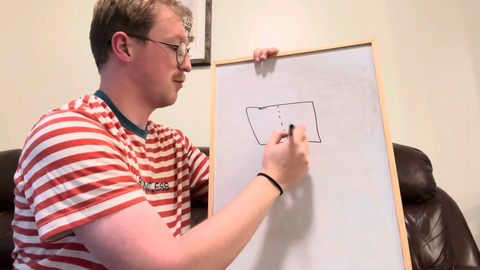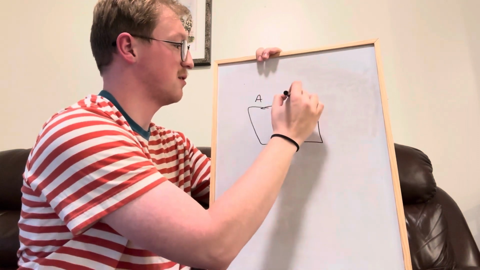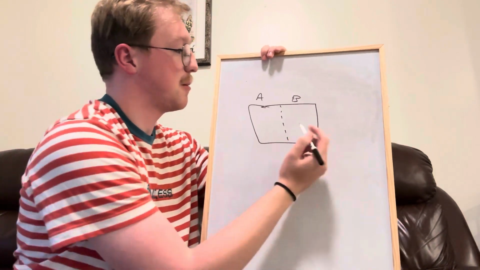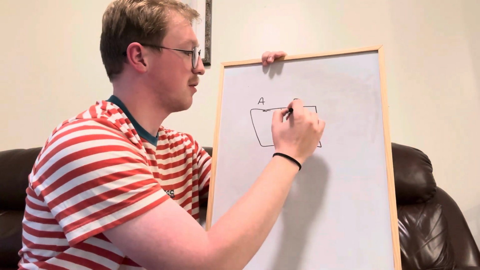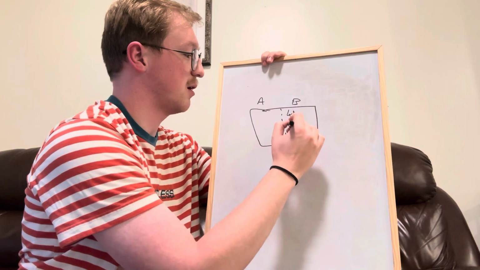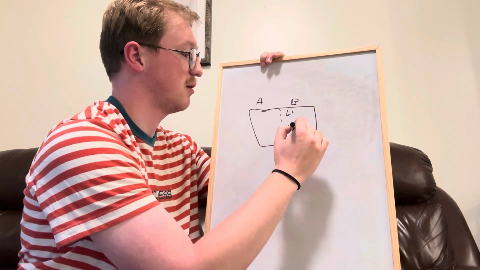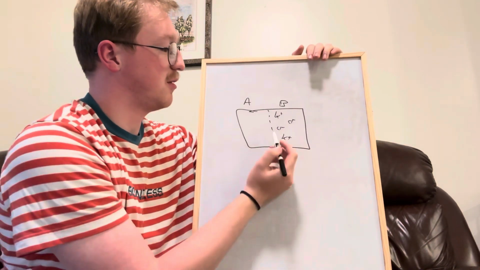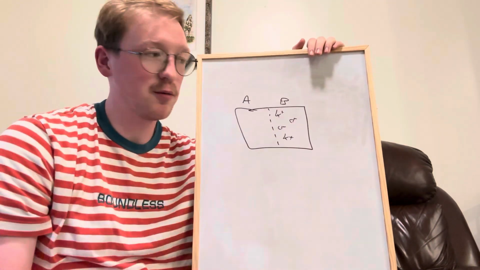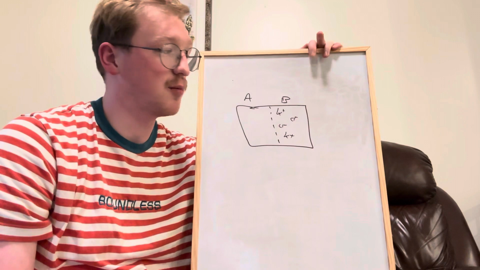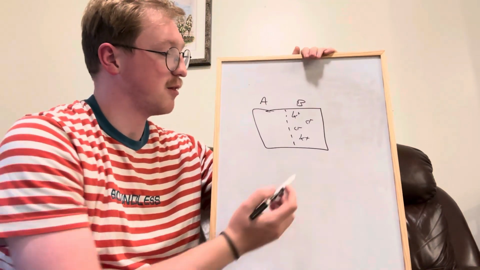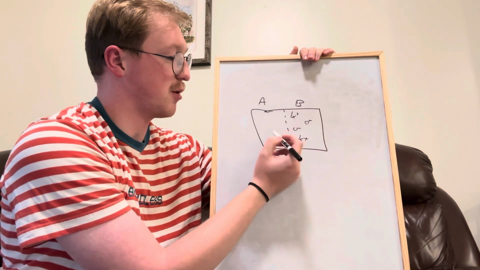Giving this a permeable membrane, so side A and side B. If side B is filled with potassium and chloride, but this membrane is only permeable to cations, so only the positively charged ions like potassium, these will start to move across the membrane.